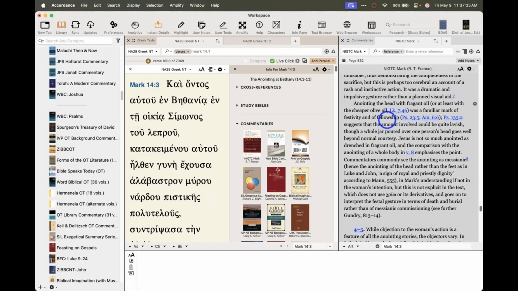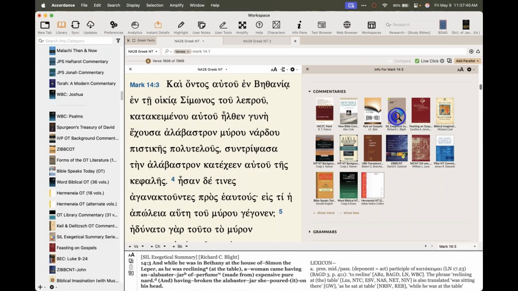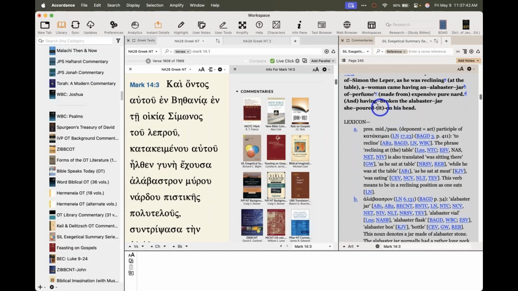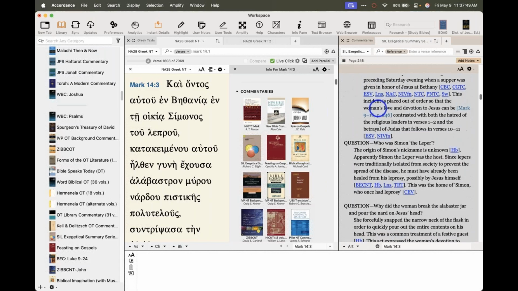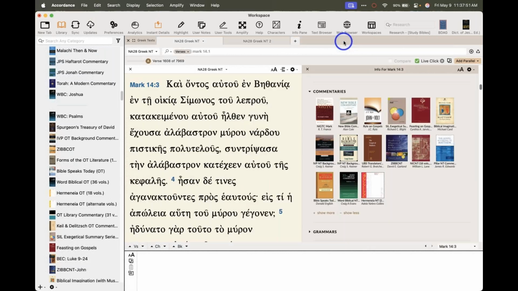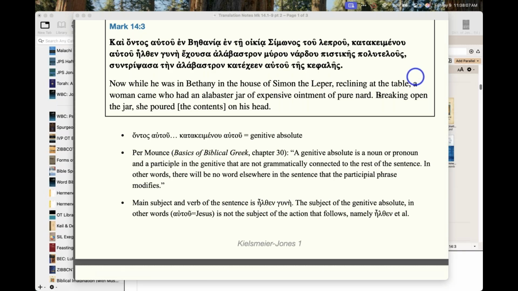Yeah, I don't think we're going to get much there. And then the last place I would check, or maybe the first place, would be the SIL exegetical summary series. They give us "poured on his head." And I think that's just coming from the genitive of autou, that's implied there. So we don't have a preposition here, but pouring it on his head and pouring it around his head wouldn't really, as far as I know, be how you would anoint a person. So I think that's a justified translation. But do feel free to add a follow-up.